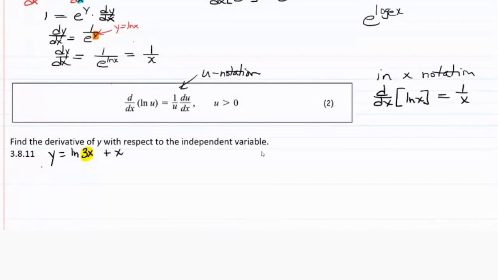So what we're saying is if you take the derivative with respect to x of the natural log of any function u, that's going to be 1 over that function, 1 over u, times the derivative of that function with respect to x. It incorporates the chain rule right into the formula. It's not necessary because we know the chain rule, but a lot of times the books give you that version of the formula just as a more general formula.